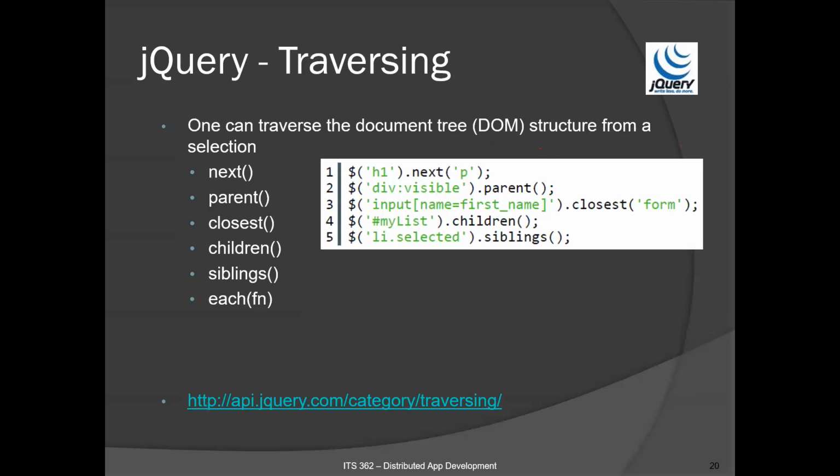Now, we can also traverse. There are built-in methods for traversing the DOM tree, right? So one can traverse a document tree structure from a selection. So you can see here we have methods like next, the parent of, closest, the children, siblings, and the each.